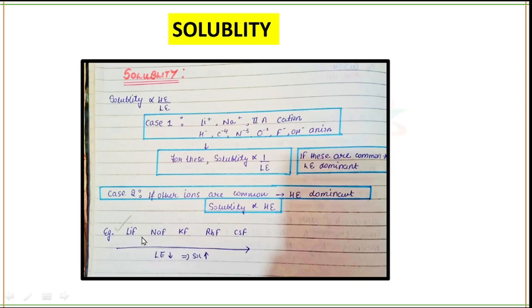This is talking about a particular group: lithium, sodium, potassium, rubidium and cesium. When you move from top to bottom, size increases and lattice energy decreases, because you know it very well, lattice energy is directly proportional to charge while it is inversely proportional to size. So lattice energy decreases and then solubility increases.